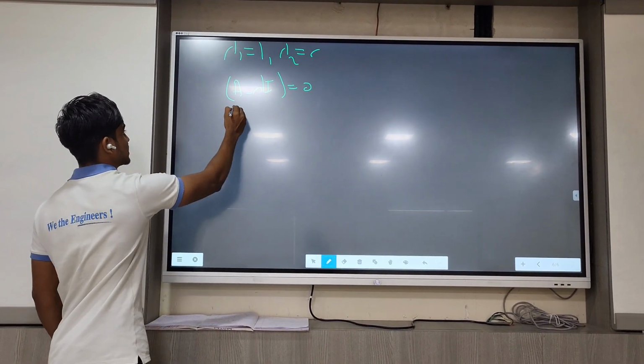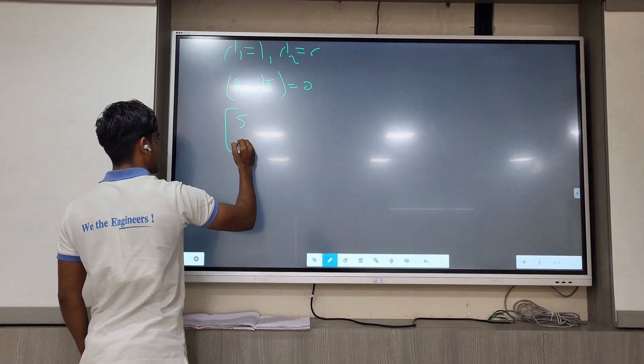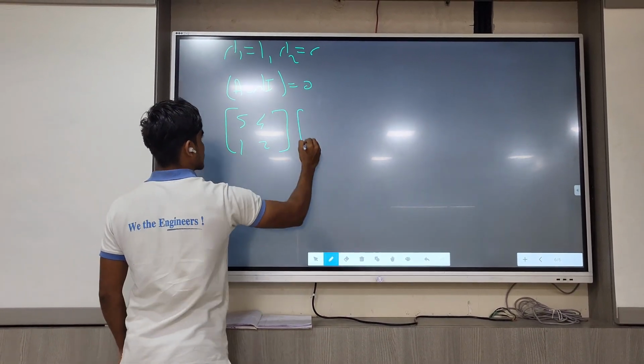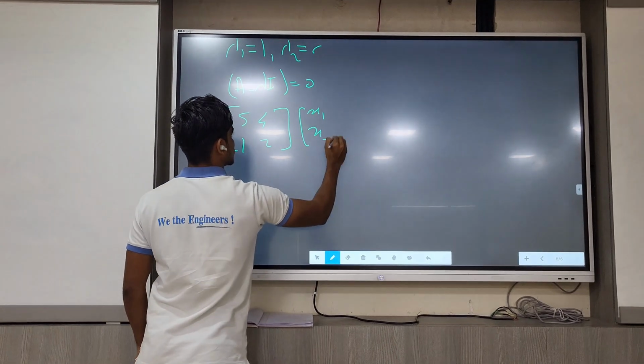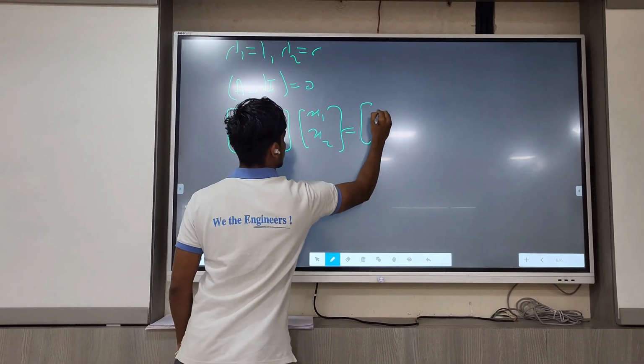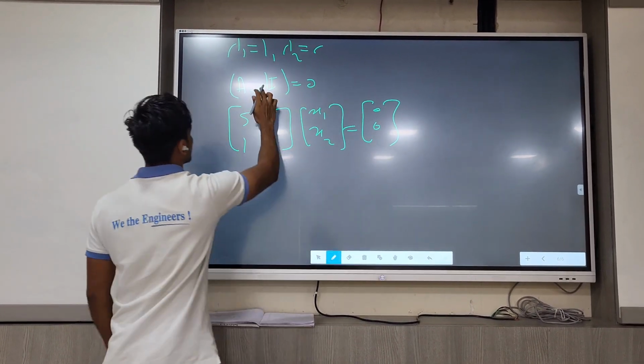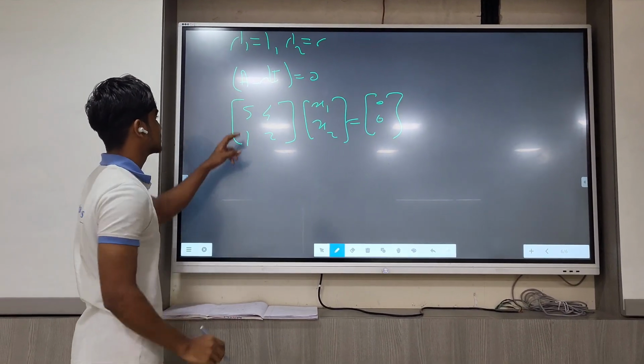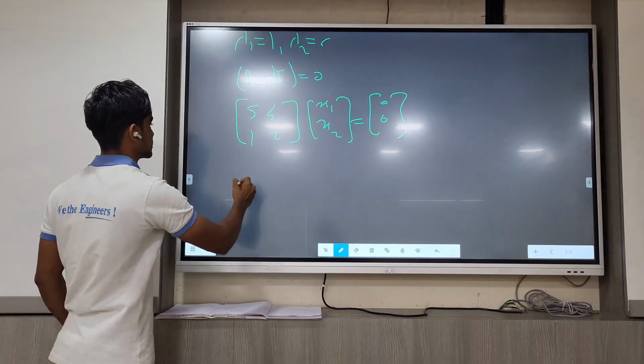And then what is it? A is 5, 4, 1, 2, and x1, x2 and 0. So what is lambda? Firstly lambda is equal to 1. So we have to subtract it from the diagonal elements.